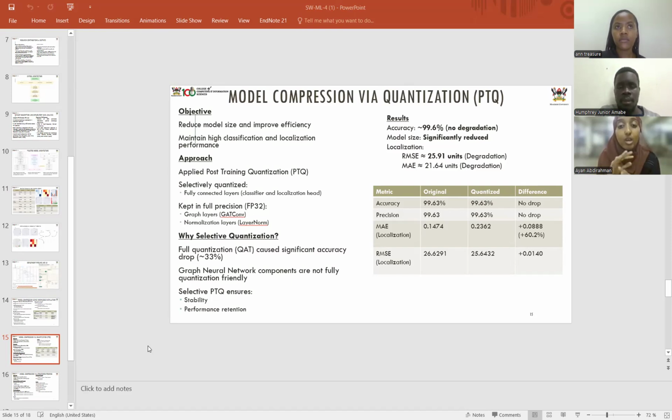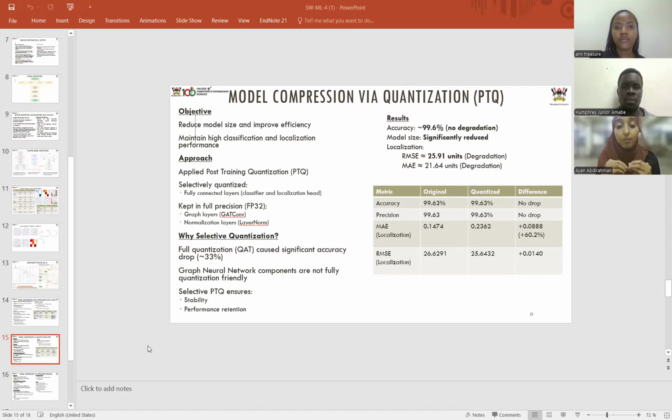So here we kept the GAT Conv, which stands for the Graph Attention Network layers, and the normalization layers in full float32 precision.